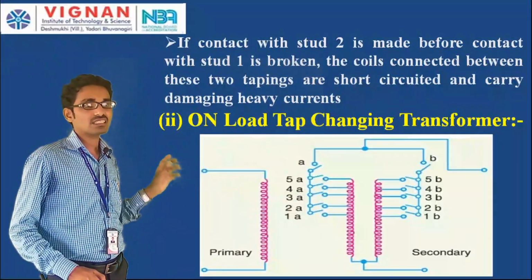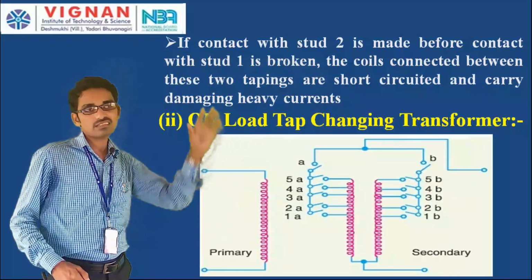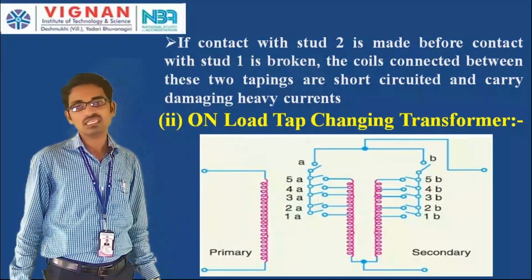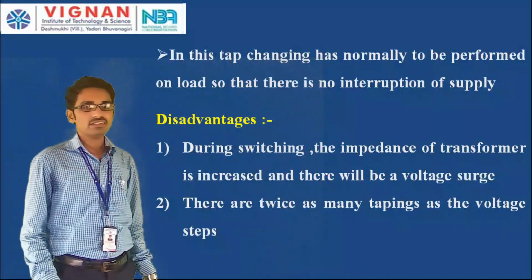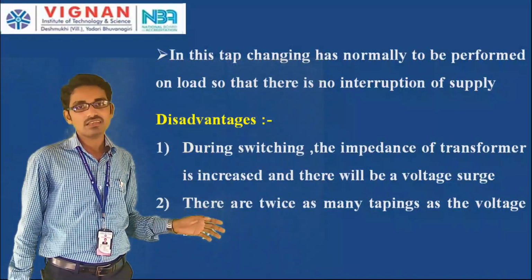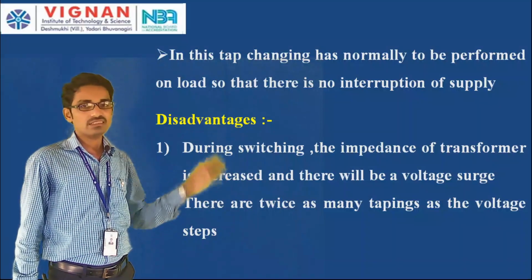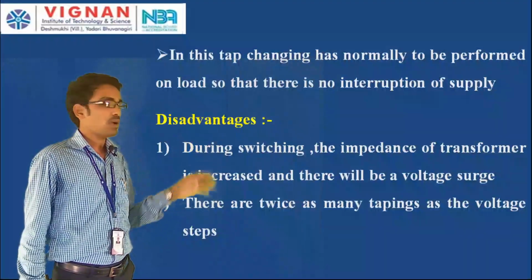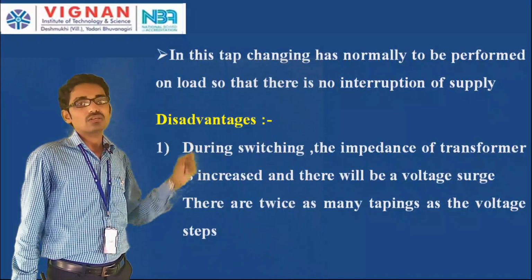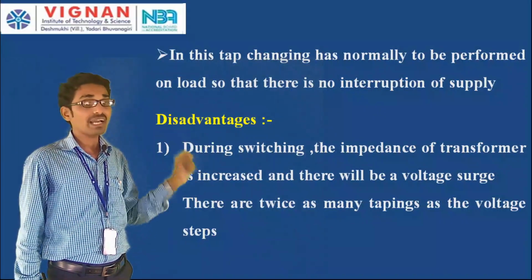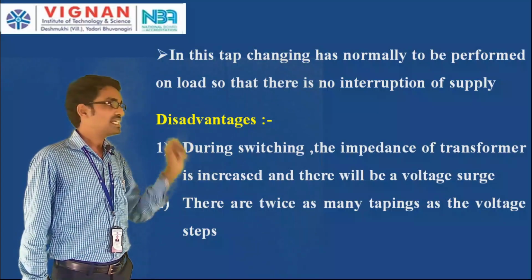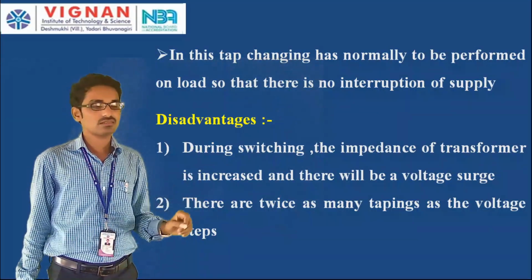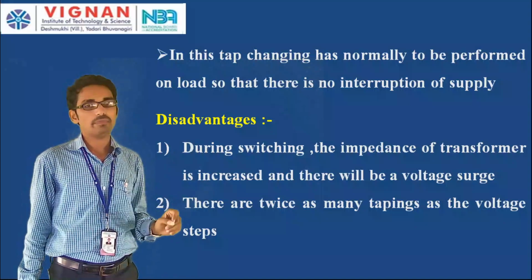Whatever the primary voltage is, that is imposed on the secondary side, and the secondary voltage is changed by changing the tap positions. Tap changing is normally performed on load, so that there is no interruption of the supply to the consumers. That is the main aim.